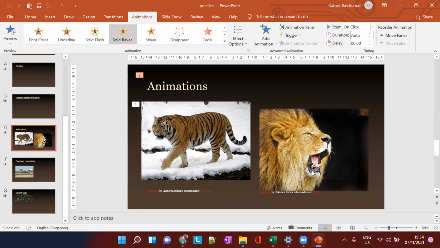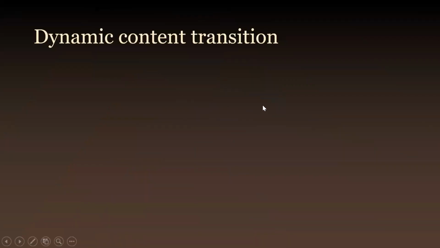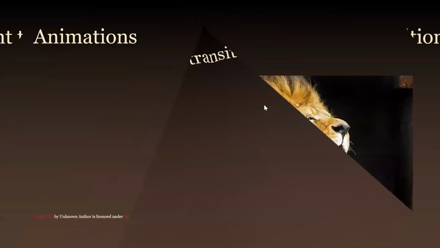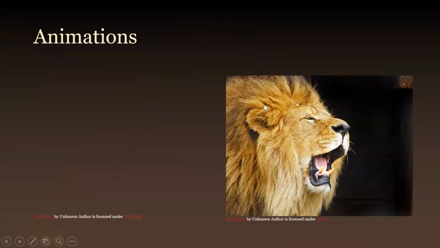So since this doesn't have an animation, this heading becomes 2 and this becomes 1, right? So now let's run this picture, okay? What comes first? Now if I click, what comes first? The tiger comes.